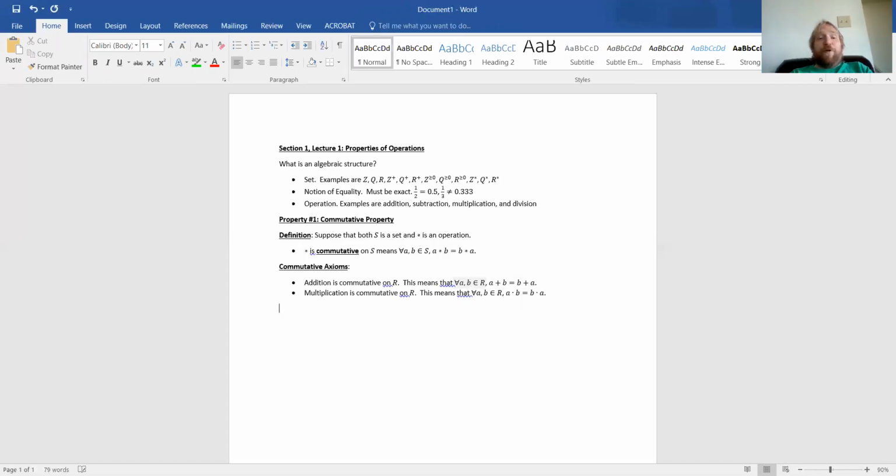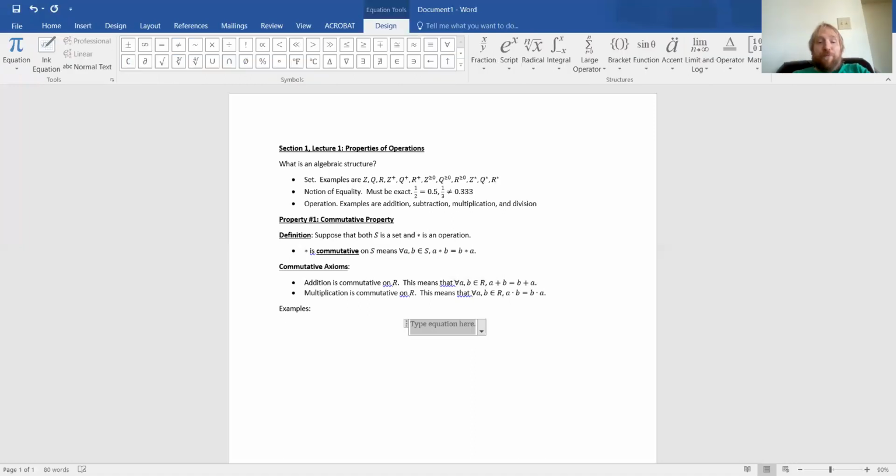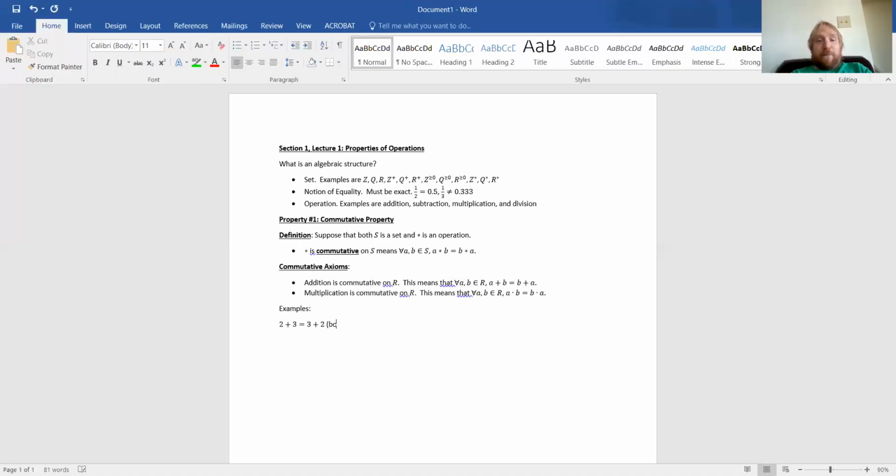For example, we know that 2 plus 3 would equal 3 plus 2. Both are equal to 5. And what the commutative property of addition tells us is you can either add the 2 on the left and the 3 on the right, or the 3 on the left and the 2 on the right, and you're going to get the same thing.